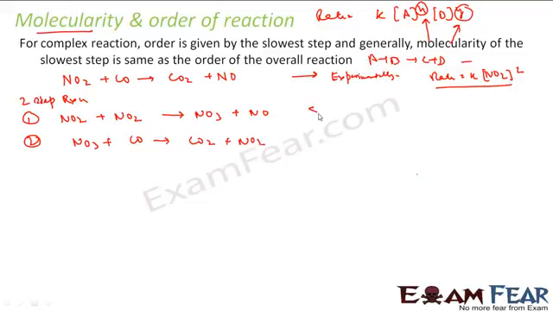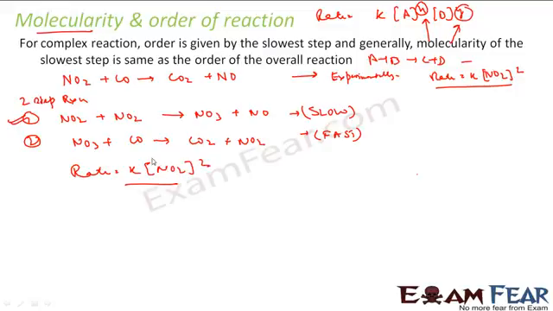Now this is a slow step and this is a fast step. As I told, the slow step is the rate determining step, and we're talking about the rate of the reaction. So reaction 1 will rule. Here if you see, there are two NO2 molecules. So we can say directly that rate is nothing but k [NO2]^2.